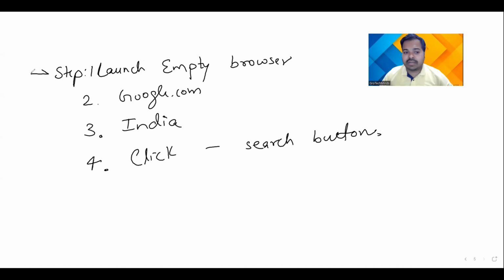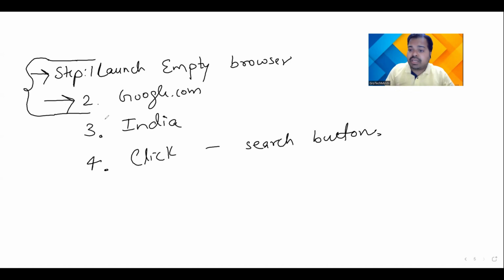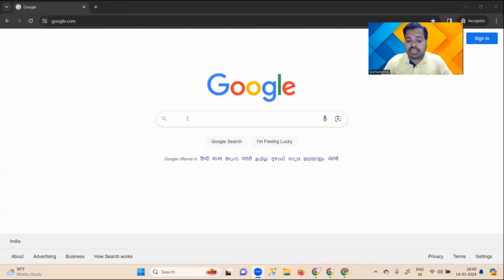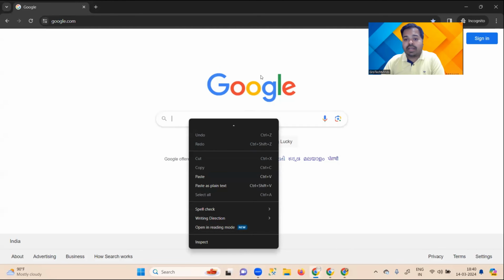We have done these two steps yesterday. Now I need to type India. Where? On the search text field.